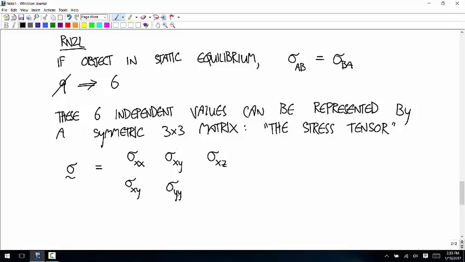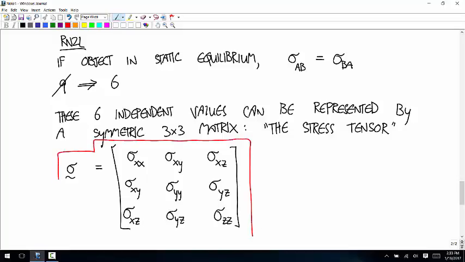And sigma yy, and sigma yz. And then again, I'm going to use the symmetry twice, so we have sigma xz, sigma yz, and sigma zz. That's the stress tensor, the most important thing in this class.